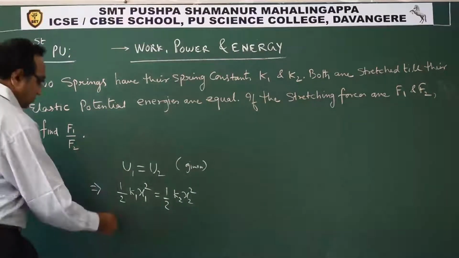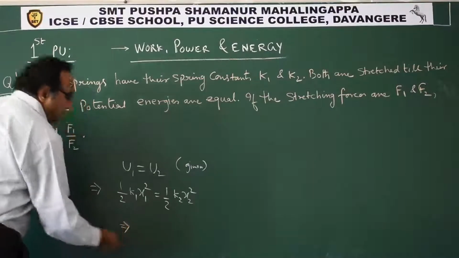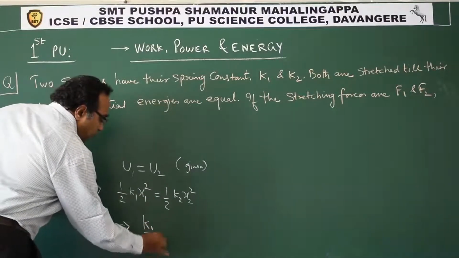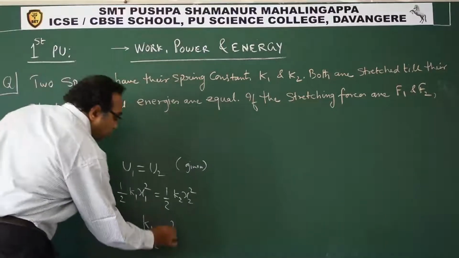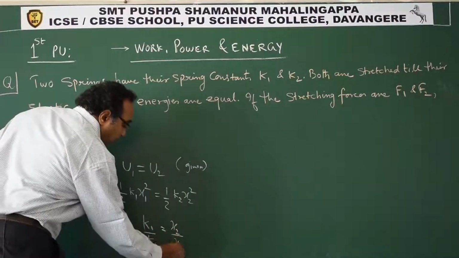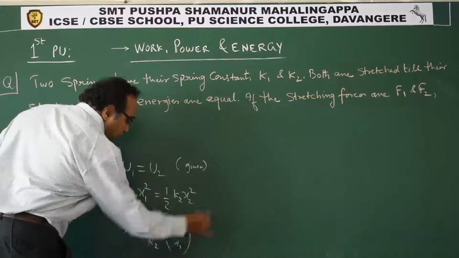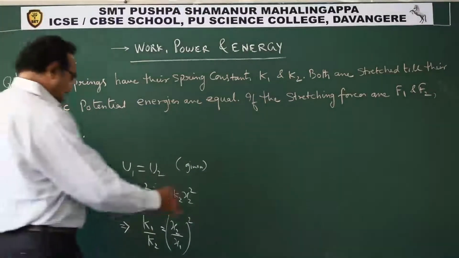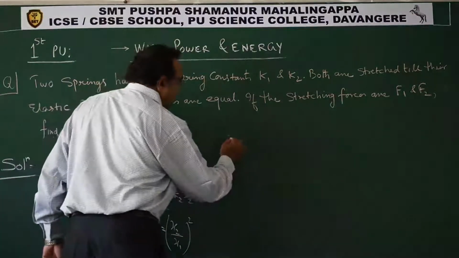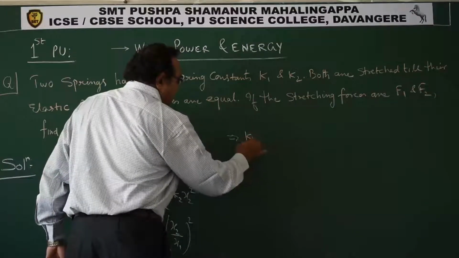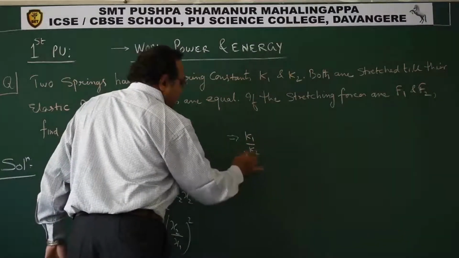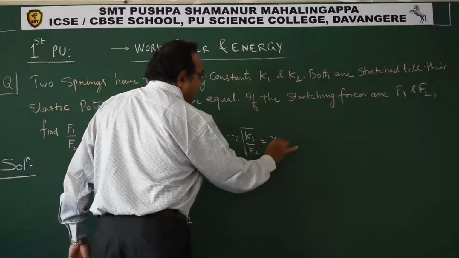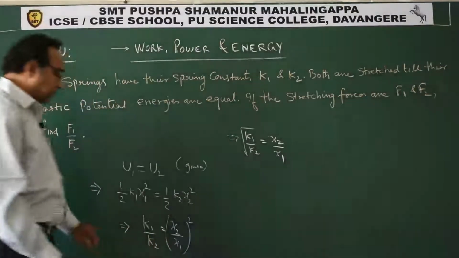Now from this, if we simplify, we can say k1 by k2 is equal to x2 by x1 whole square. This is exactly what we are getting. Or we can say root of K1 by K2 is x2 by x1. This is what we can say.